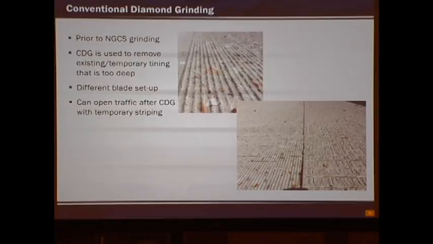This allows the contractor to, on one day, remove the tining, place temporary striping, open up to traffic, and then the next night come back and do the diamond grinding for the next generation concrete surface. Now, it is a different blade setup, so some contractors use different machines for each blade setup. Some contractors just switch it out during the day, so the next night they can come back with the different blade setup.